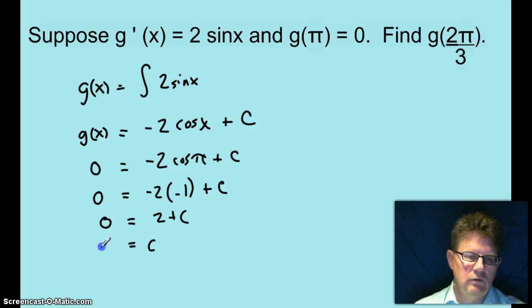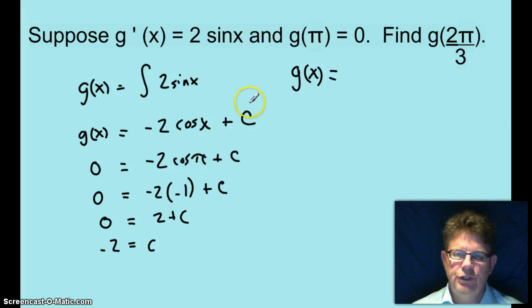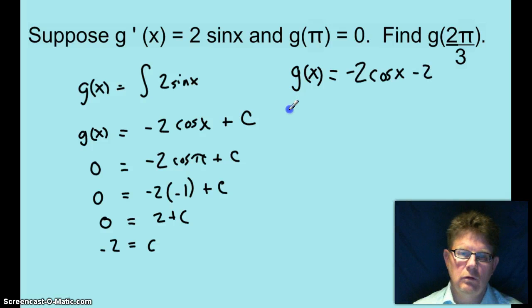C equals negative 2. So g of x equals negative 2 cosine of x minus 2.